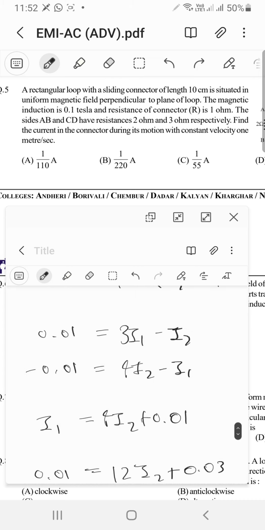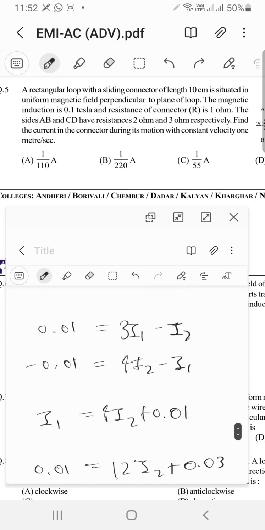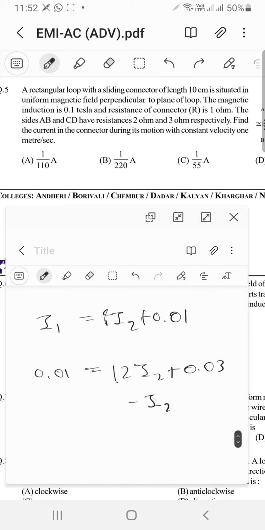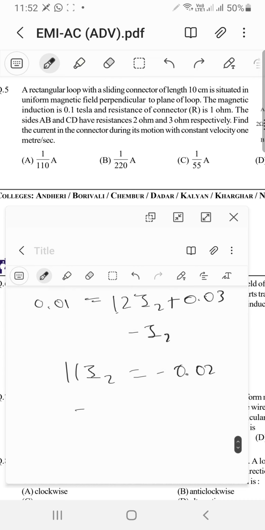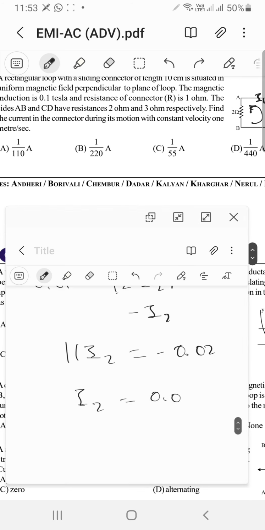Huh, that's a negative value. Okay, fine, if it's negative, it's negative. So 11I2 equal to negative 0.02. I2 is negative 0.02 upon 11. And what we want, find the current in the connector. So we want I1 minus I2 or I2 minus I1.